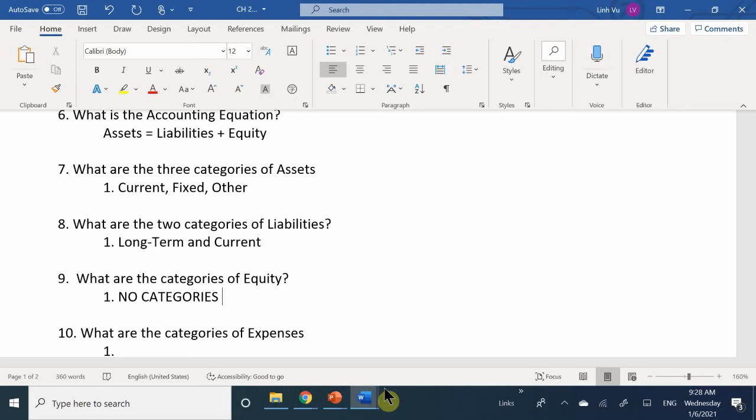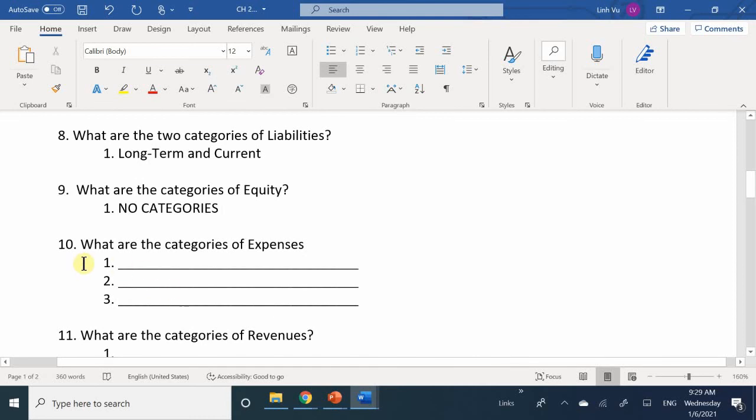There are absolutely no categories. Those 2 things are things that affect equity, okay? I need to put it in there because sometimes some people will be like, why didn't I see this before? So these are things that affect equity, but they're main accounts. They're examples of equity, but there are no categories.